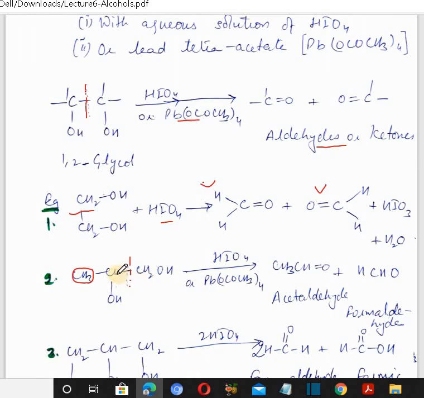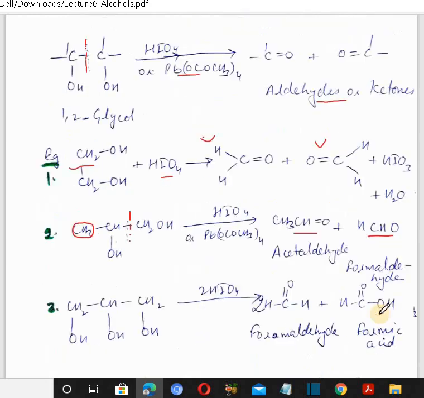So these two carbons have OH groups, so this bond will break to give C double bond O, then it has CH3 group already and hydrogen present, so acetaldehyde is formed, and the other carbon is single carbon, so it will give formaldehyde. So aldehydes are generally formed, so acetaldehyde and formaldehyde are formed.